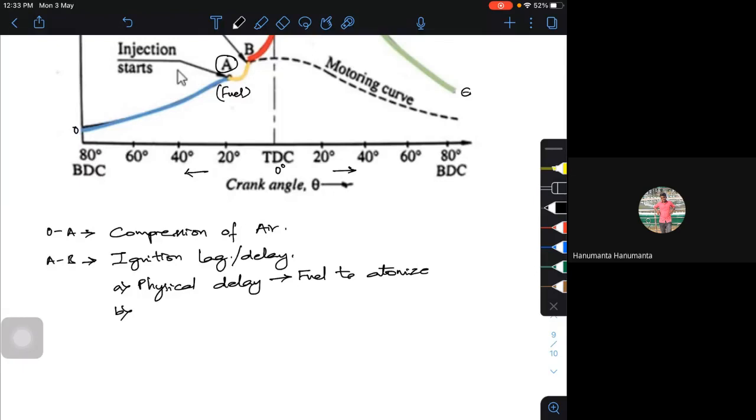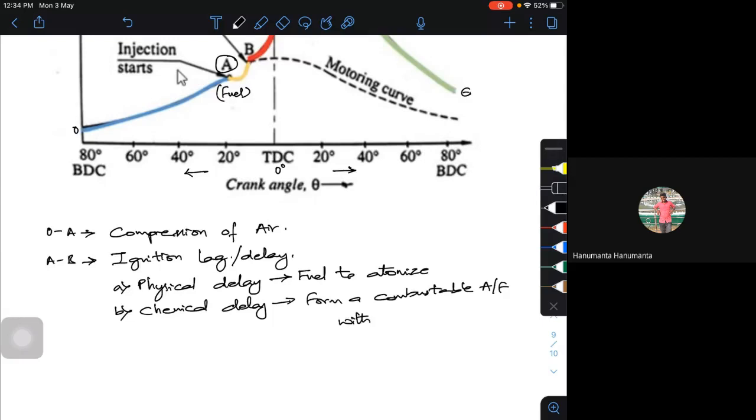It is not in seconds, it will be in milli or microseconds. That fuel will take a certain amount of time to get atomized. Once it gets atomized, there is what is called the chemical delay. What is this chemical delay? It has to form a combustible air fuel mixture with the already compressed air.